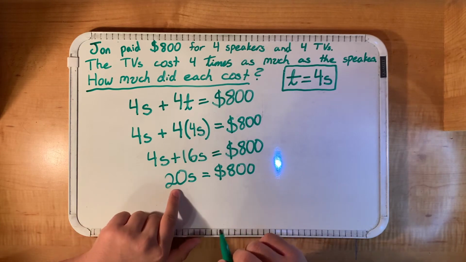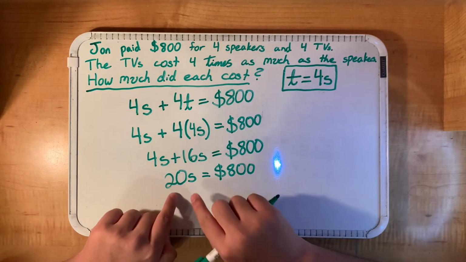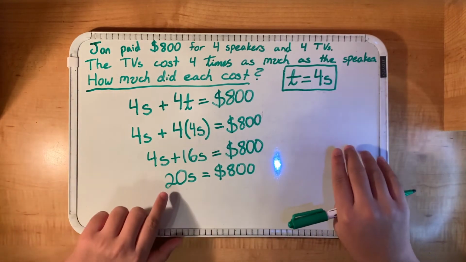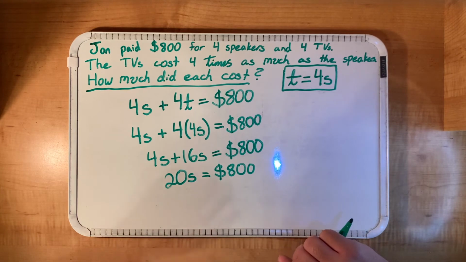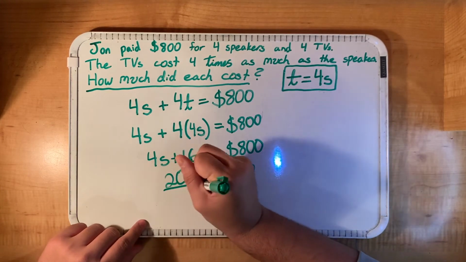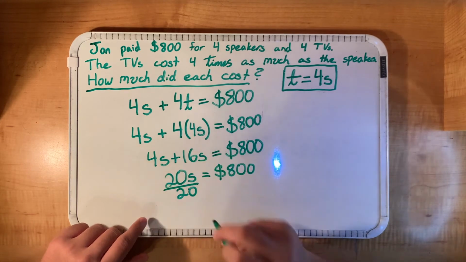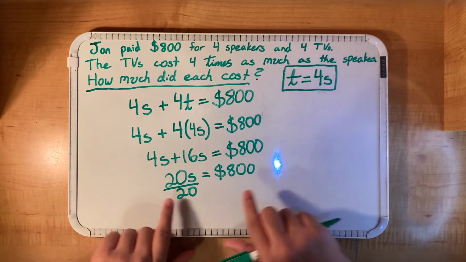To get rid of this 20, we need to do the opposite of what it's currently doing. Right now in this problem, this 20 is being multiplied by this S. So to get rid of this 20, we need to divide by 20. 20S divided by 20 will get rid of this. But whatever we do to this side, we also do to this side.